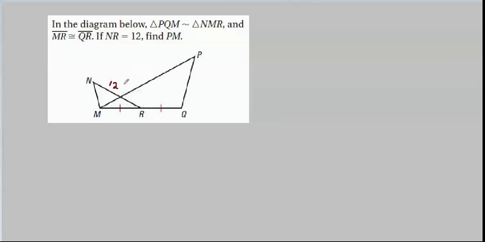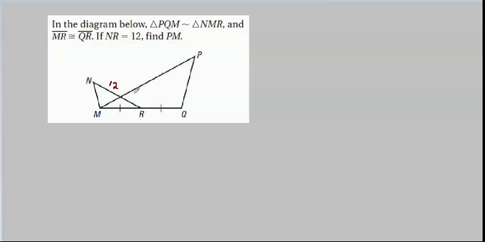They told us that. And PM is the corresponding side to NR.